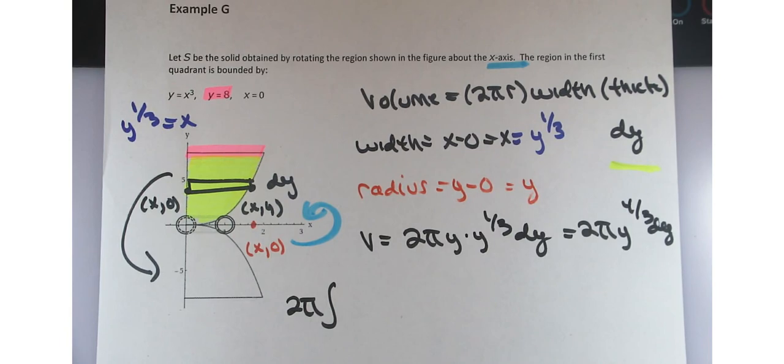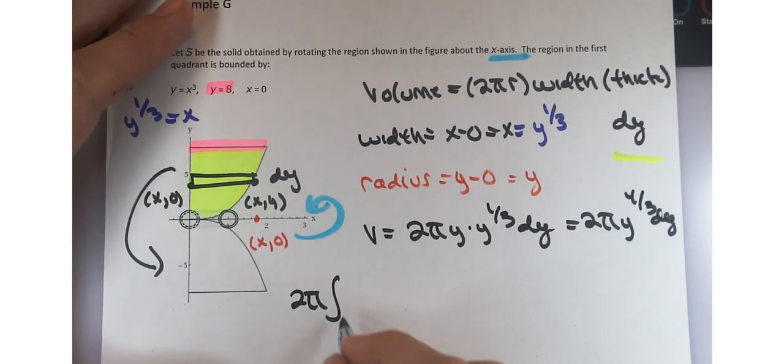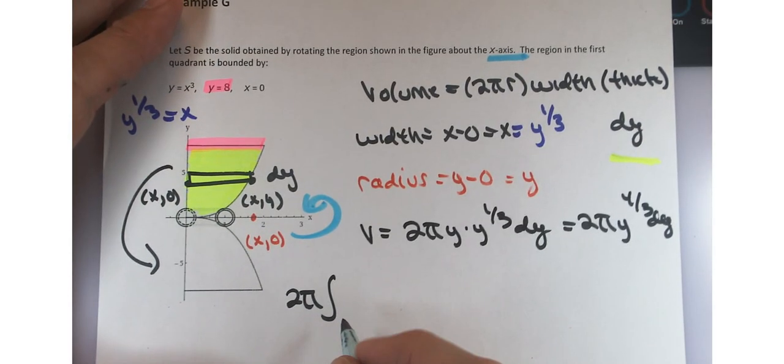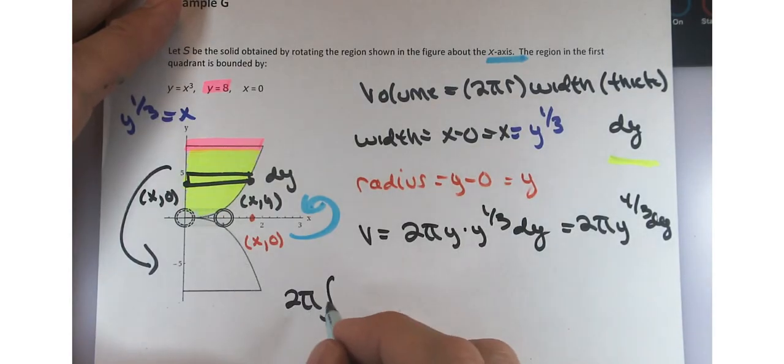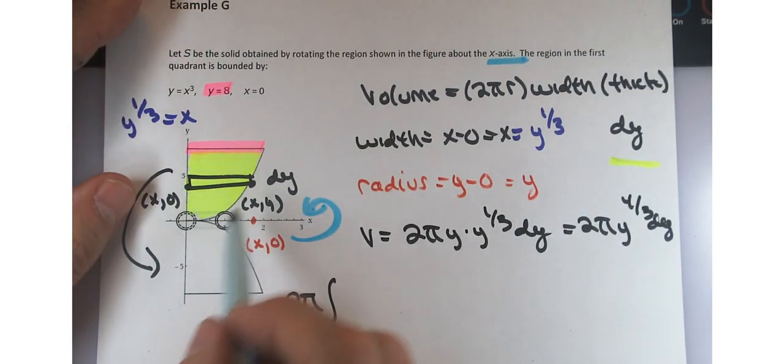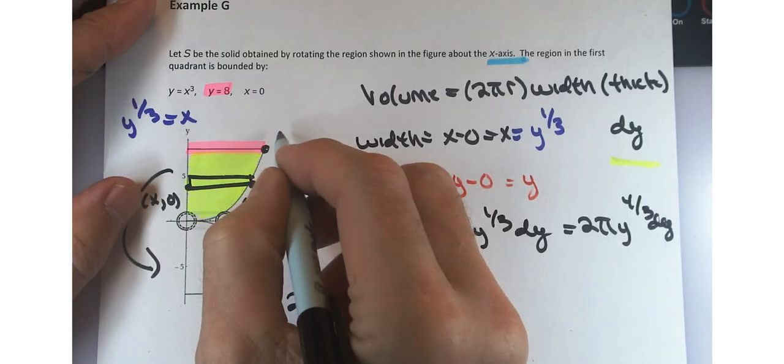What would be my limits of integration here, Marlon? Well, this point here would certainly be 2 and 8.